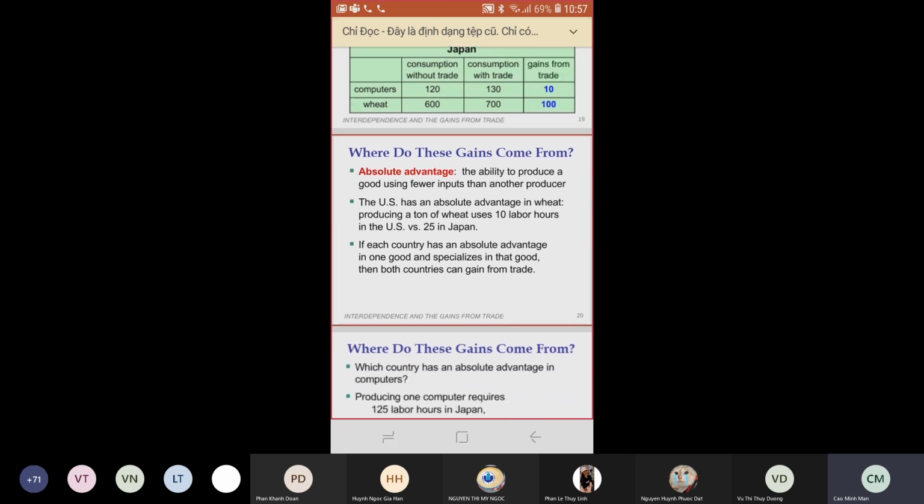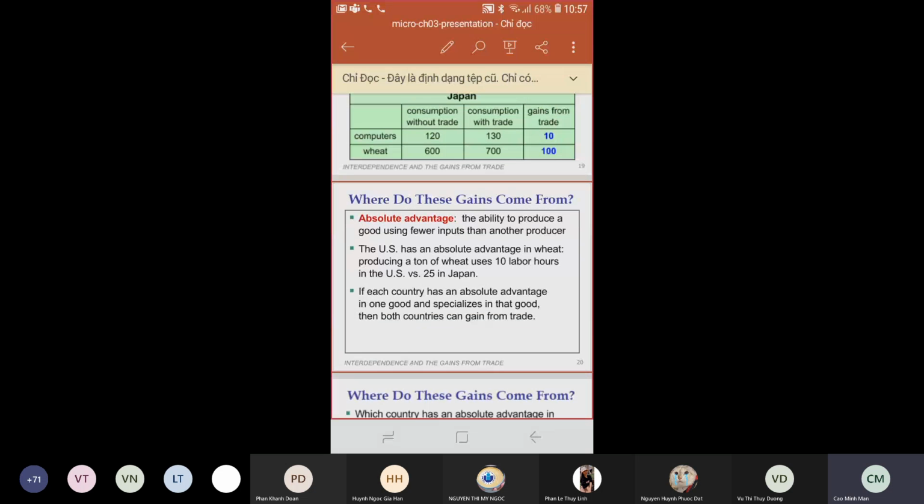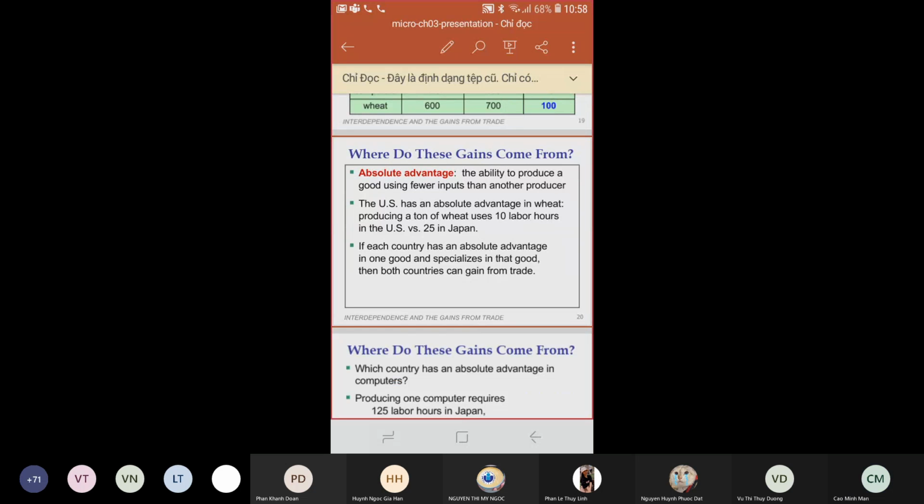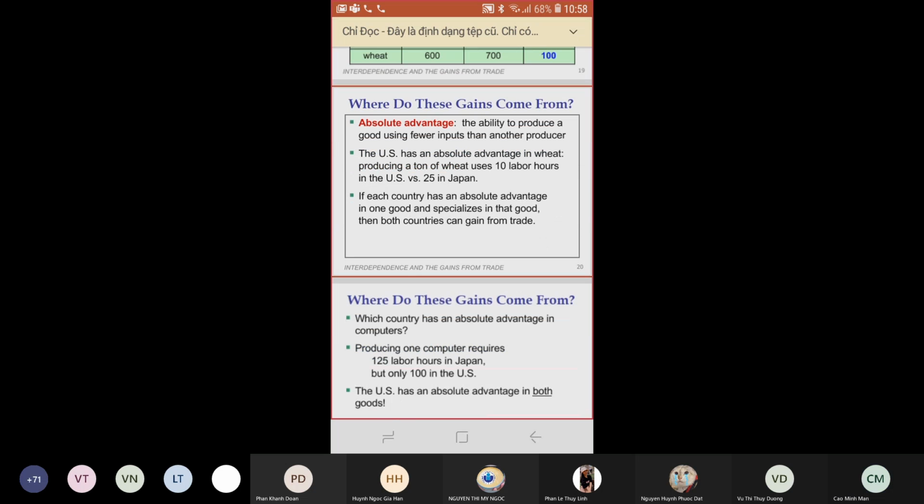Do you hear me? A country with absolute advantage in producing a product, for example A, in comparison with that country, should produce and export product A to another country. That's the argument of the theory of absolute advantage.